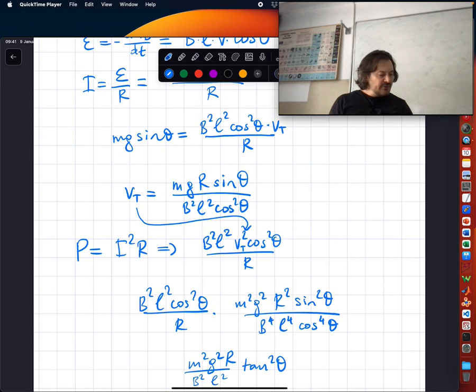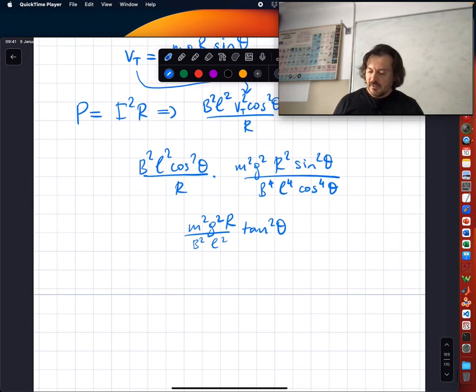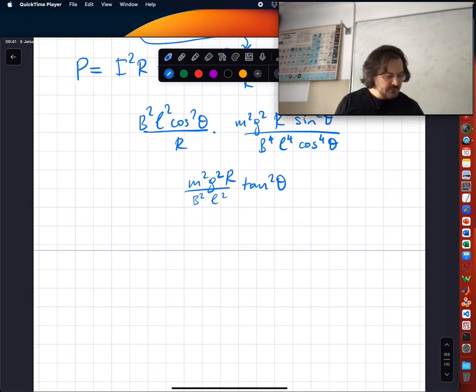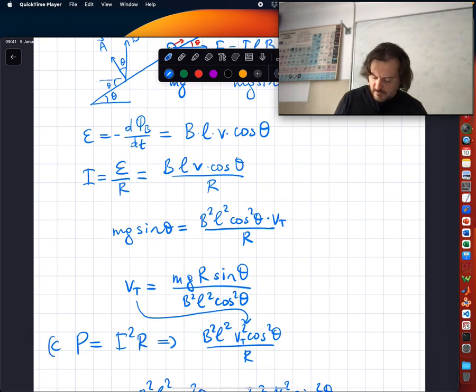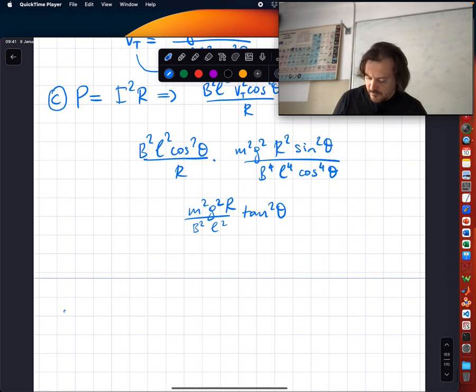Then the final question is, what is the speed of the rod as a function of time? What is done here is we just write the equation of motion for this system. This was part C. So for part D, I'm going to just write F equals ma. So m times a is this.